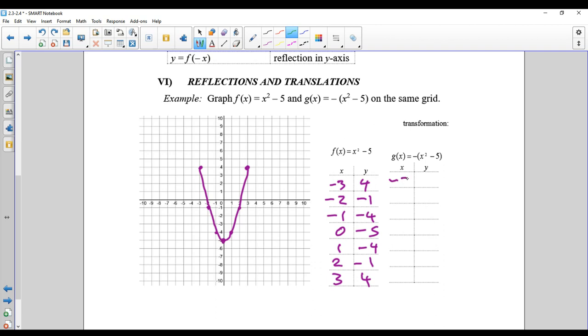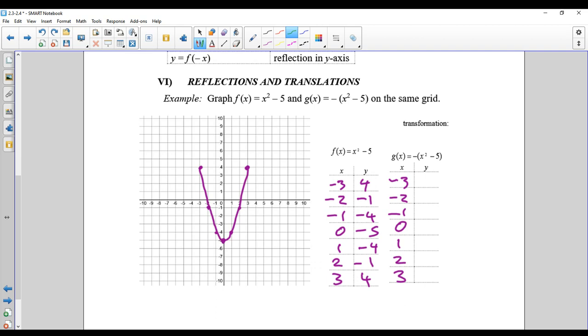So it's still minus 3, minus 2, minus 1, 0, 1, 2, and 3. But these, I didn't say they become negative. They change sign. So everyone that was positive becomes negative, and everyone that was negative becomes positive. Are we clear on that? Everybody okay with that? Makes sense? Go ahead and put your points in now.